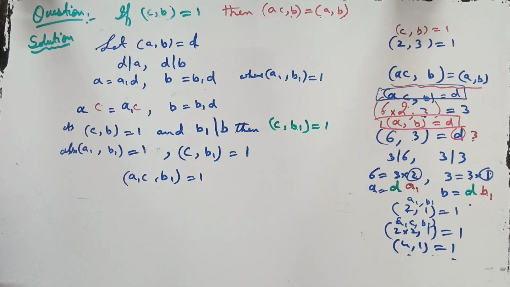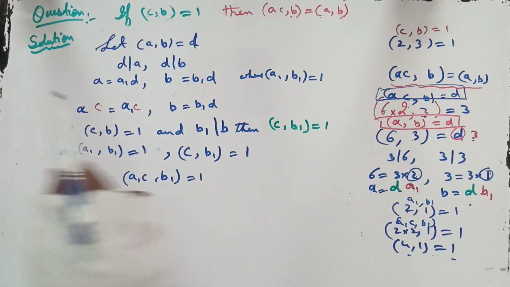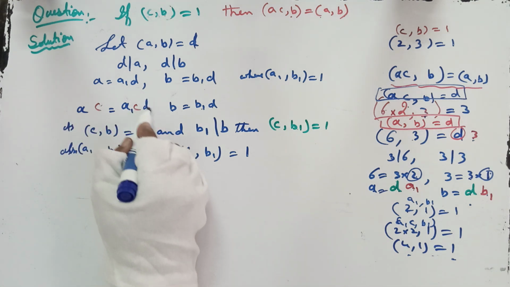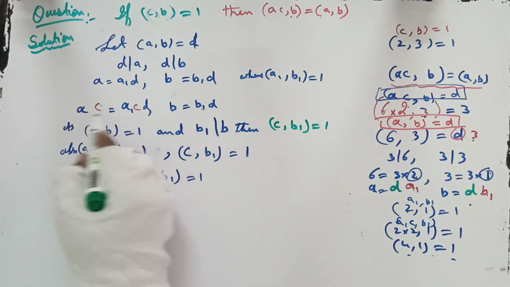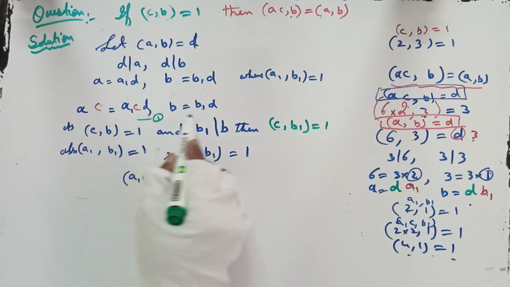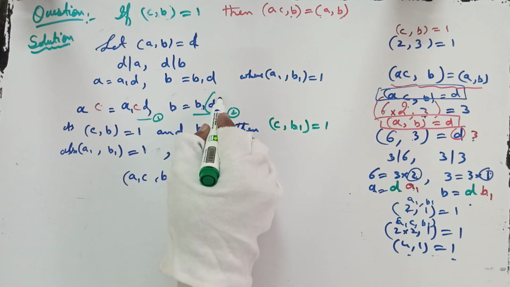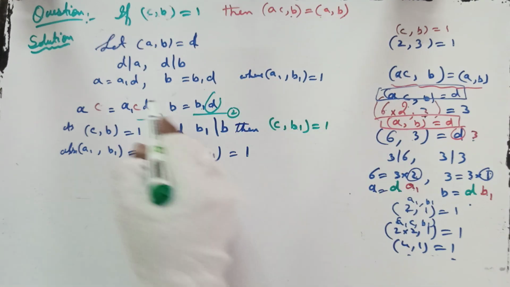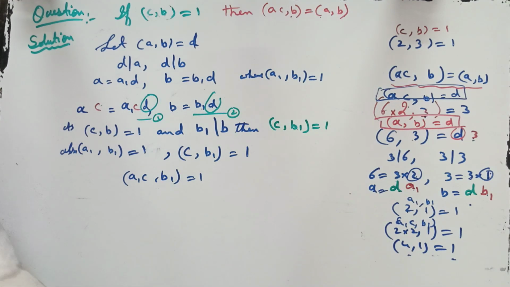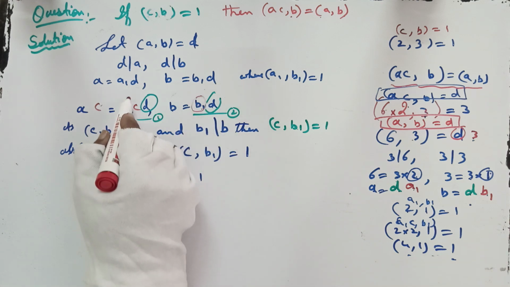You can see here, I must write here D. So see this expression: 4, 1 and 2, see this B1. This is the greatest common divisor. You must see these two numbers.